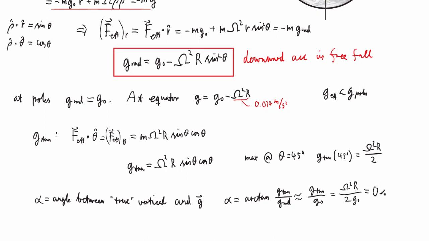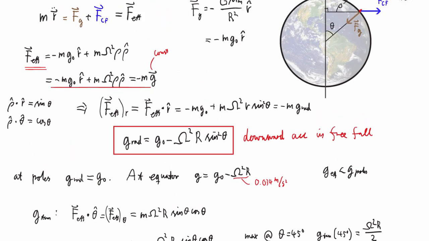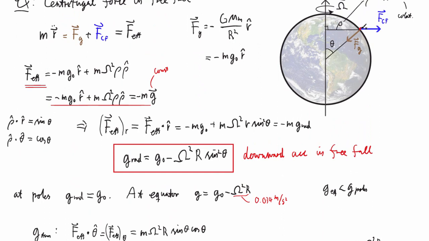If you calculate that out, it becomes 0.0017 radians, or approximately 0.1 degree. So it's a very small angle. If you drop an object, it is not falling toward the center of the Earth. It's falling along a line that's about 0.1 degrees off from the center of the Earth.